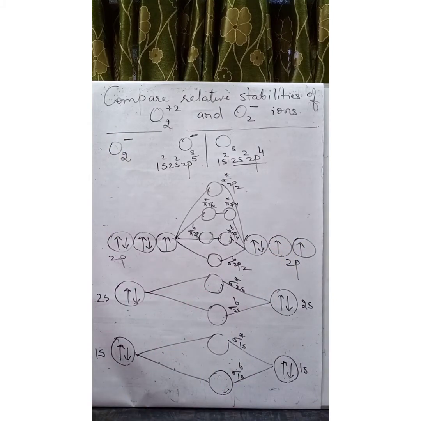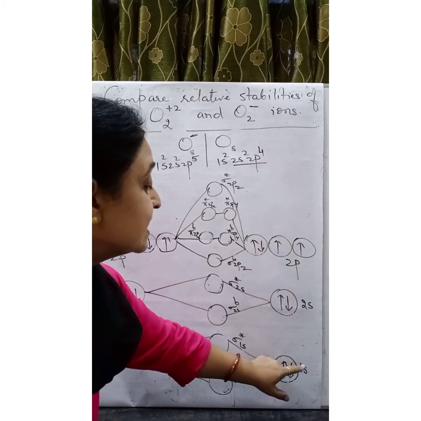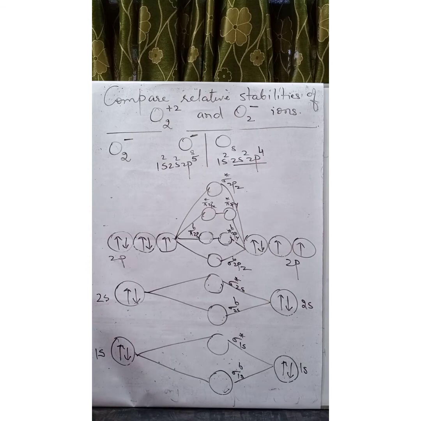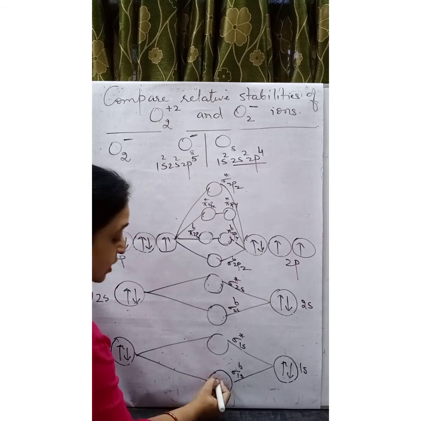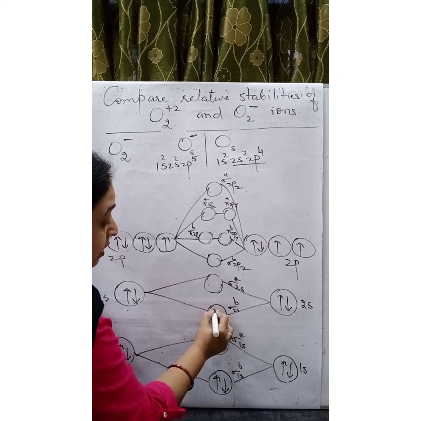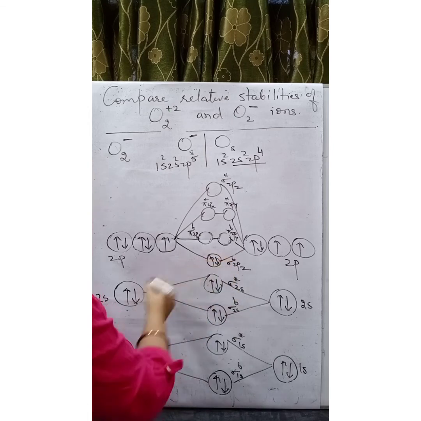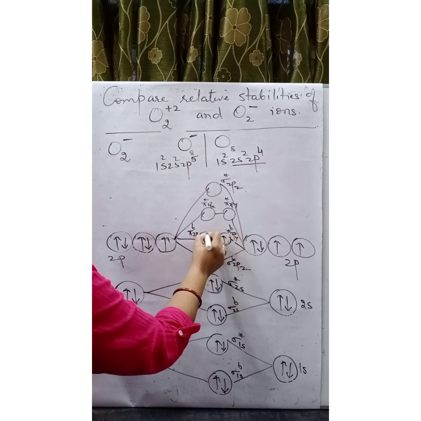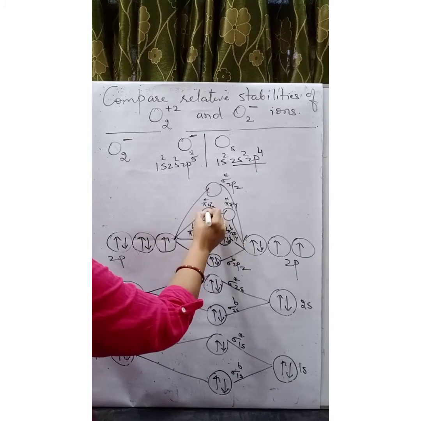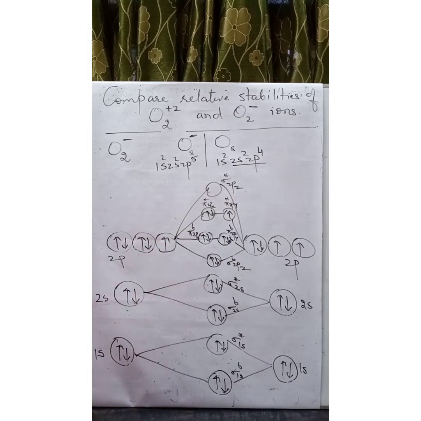Now count the total number of electrons: 2 to 4, 5, 6, 7, 8, 9, 10, 11, 12, 13, 14, 15, 16, 17 electrons you need to arrange now. So arrange it: 1 and 2, 3 and 4, 5 and 6, 7 and 8, 9 and 10, 11, 12, 13, 14, 15, 16 and the 17th one.